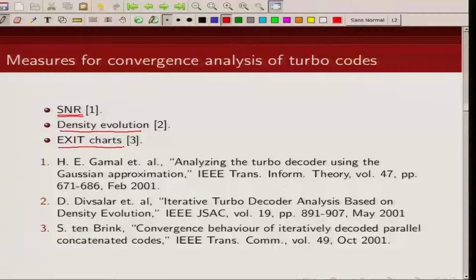And these are the three references, the first one corresponding to this SNR technique, the second one corresponding to the density evolution technique, and the third corresponding to the EXIT chart technique.